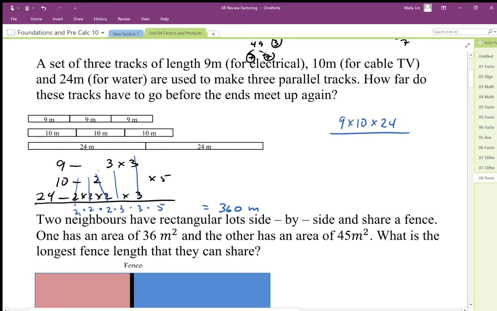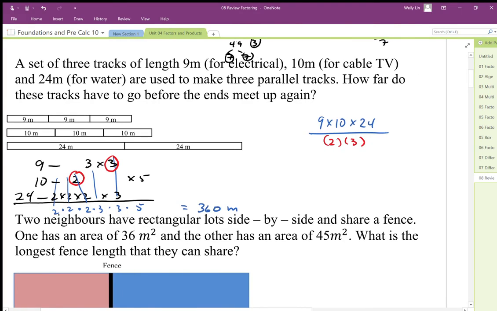And I divide by the extra factor of 2, the extra factor of 3. Okay, I'll get the same answer. So I end up with 90 times 24 divided by 6, which gives us the 360 that we're looking for. Okay, so 360 meters is our lowest common multiple.